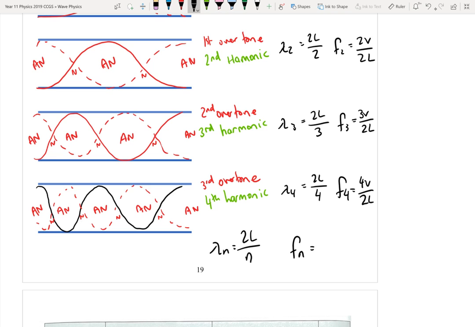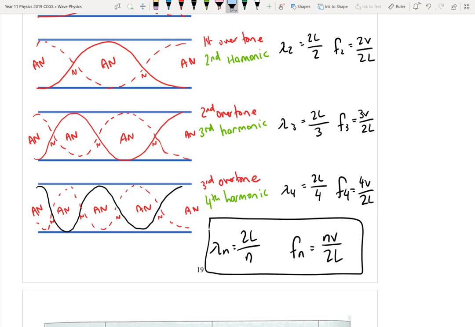And F of n equals nV on 2L. So exactly the same equation as the strings.